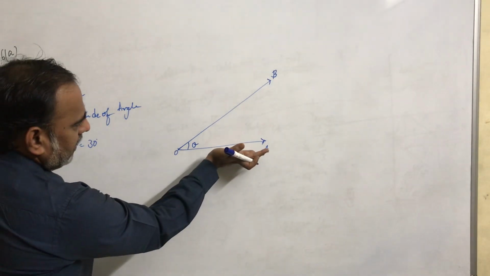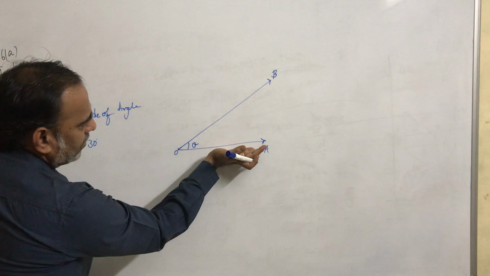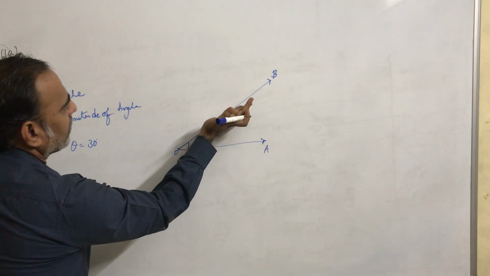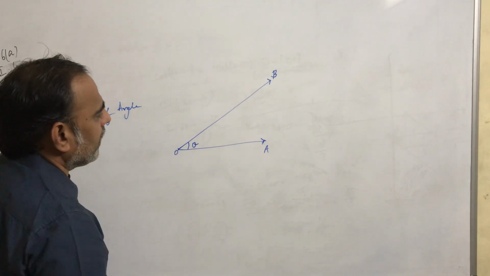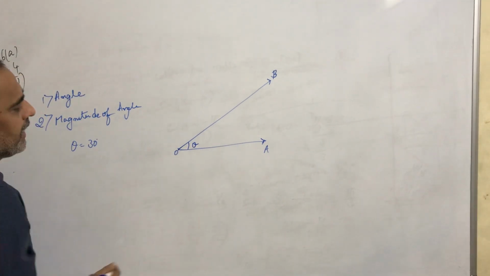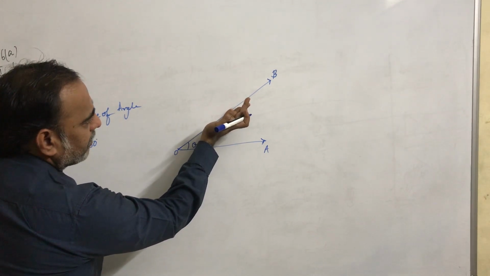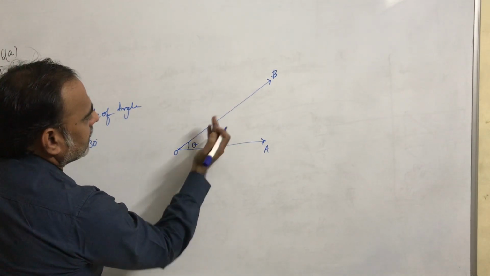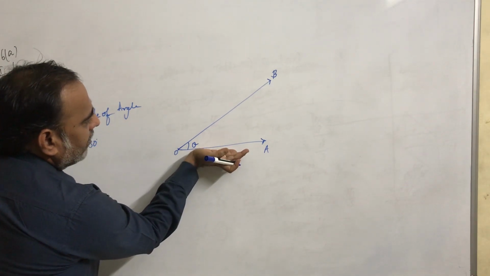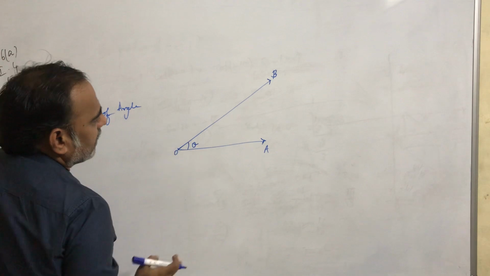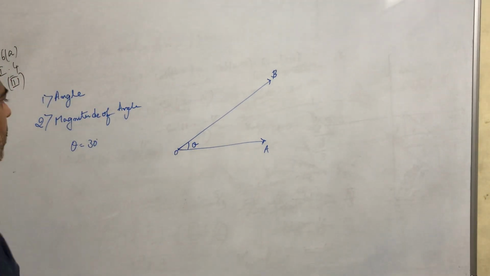That means the amount of rotation we need to do on one ray so that it will overlap with the other ray. This is called the magnitude of the angle. If we rotate 30 degrees, then the magnitude of the angle is 30 degrees.